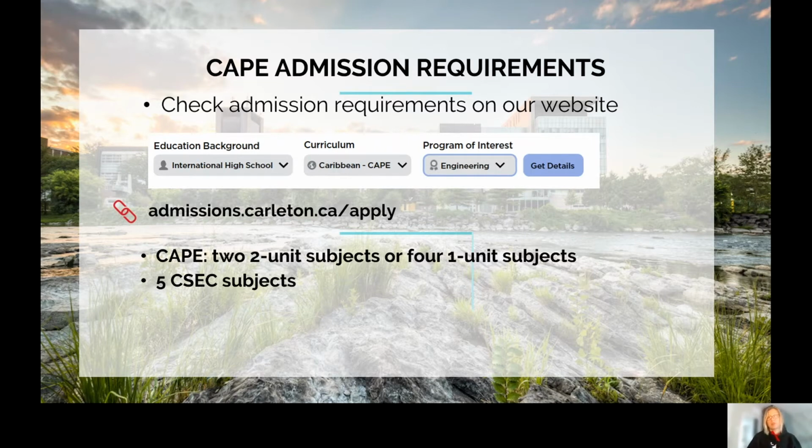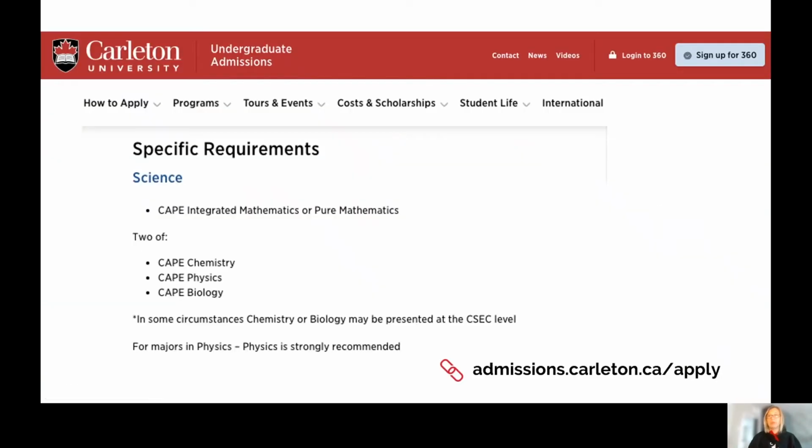The best way to understand what that would be is to go through our widget that is available on our website, where you can put in your educational background, which is for you international high school. You put your curriculum, that for you would be Caribbean CAPE, and then a program of interest. You can put engineering or science or commerce, and then you click on the details. When you do that, you will end up on the page that looks like this.